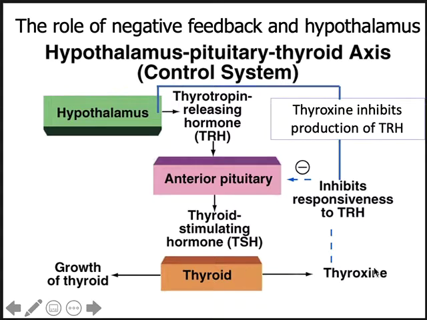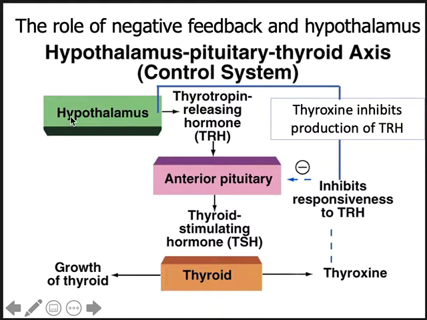And thyroxine will increase metabolism, but thyroxine will also play an inhibitory role, and this is where the negative feedback comes in. When you start to get high levels of thyroxine, it will inhibit the responsiveness of the anterior pituitary to TRH.